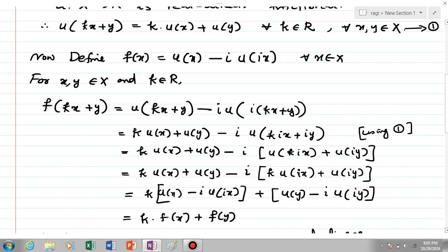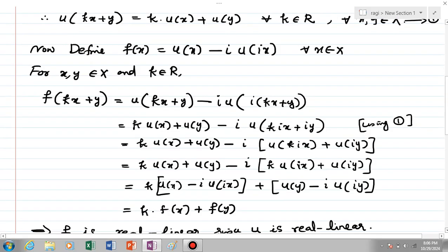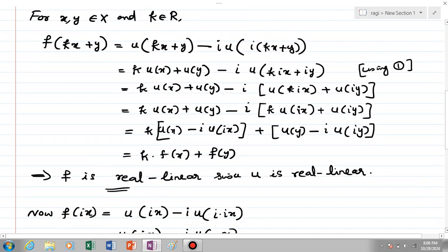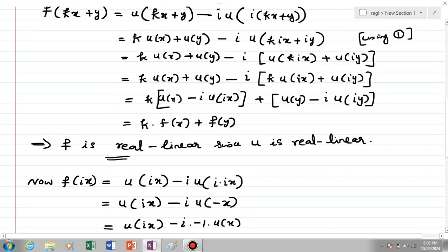Since u is real linear, we can take outside the real number k, that is k into u of x plus u of y minus i into u of kix plus iy. In the next step, we can take outside the real number k again, and we obtain the required result as k into f of x plus f of y. That is, since u is real linear, f is also real linear.